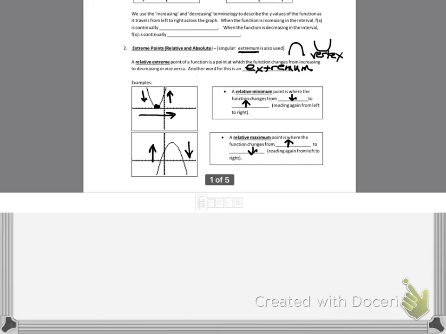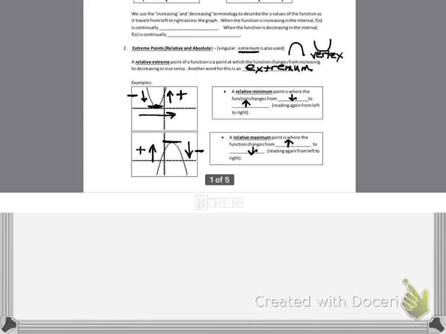So a relative minimum will have a negative slope, have a slope of 0 at the actual minimum point, and will have a positive slope beyond the minimum point. For it to be a maximum, it has to have a positive slope, a slope of 0 right here on the max, and then a slope that is negative beyond the maximum.